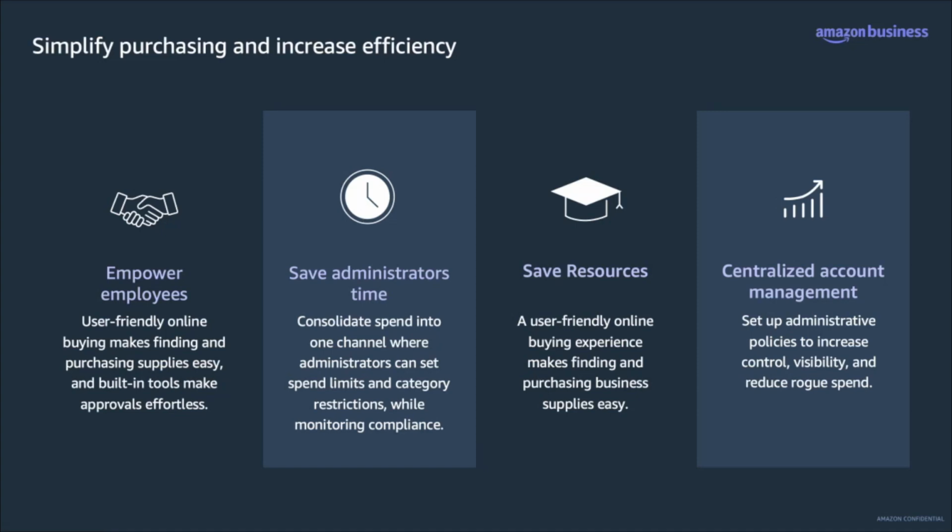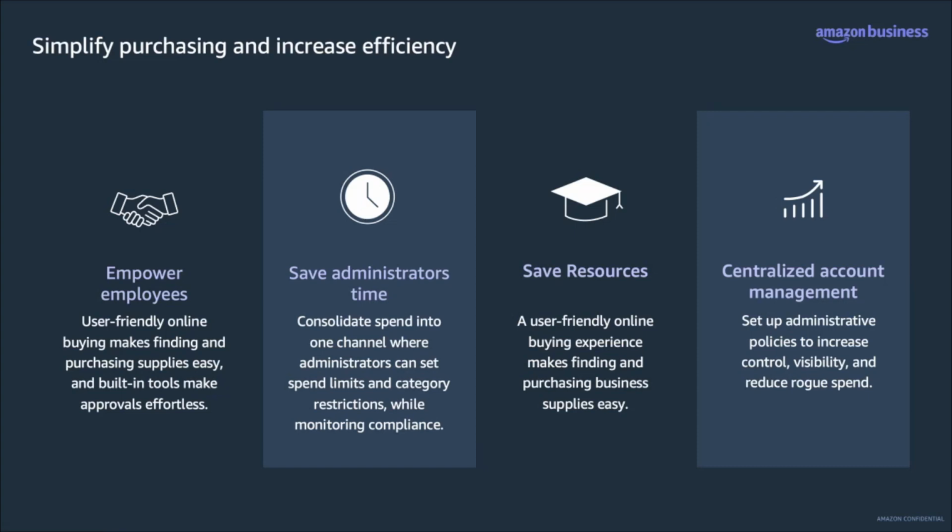Number 1 is that we empower employees through an easy-to-use platform that users are familiar with using. They can quickly find, compare, request, or purchase the products that they need, and all while being compliant with the company's buying policies that have been set up in the account. Number 2 is the time saving for administrators.